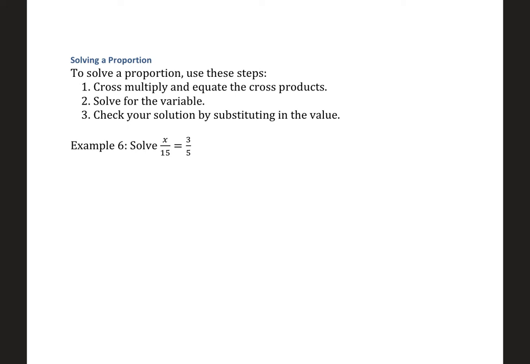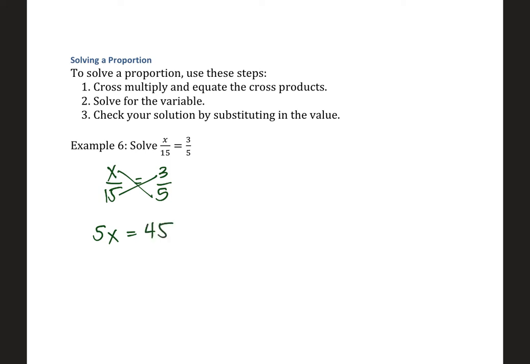Okay, so we have x over 15 is equal to 3 over 5. Let's rewrite this. Then we'll cross multiply: x times 5, 5x. 3 times 15, which is 45.